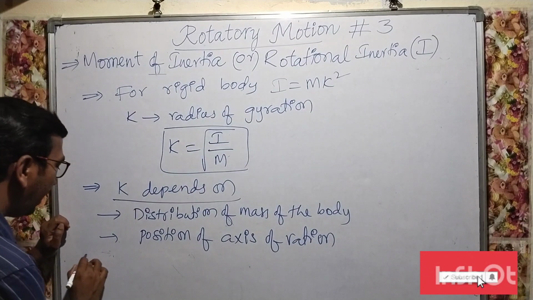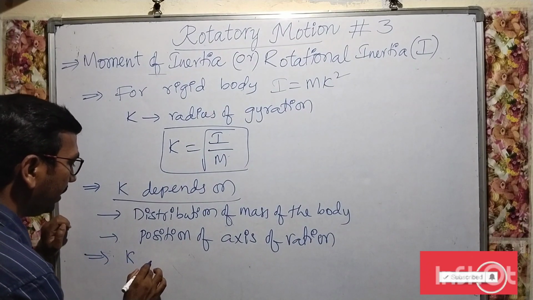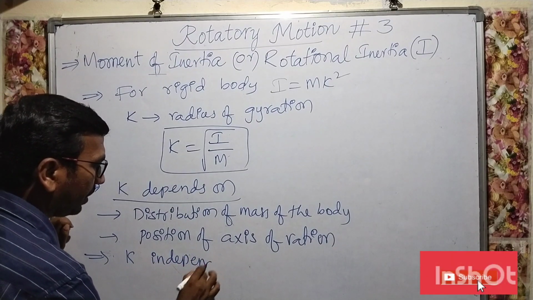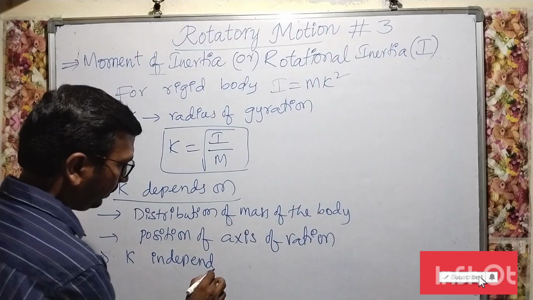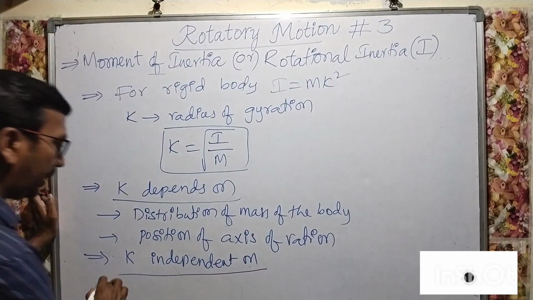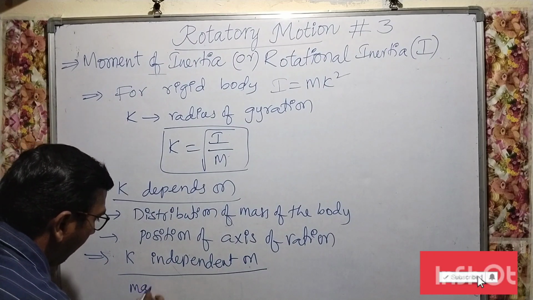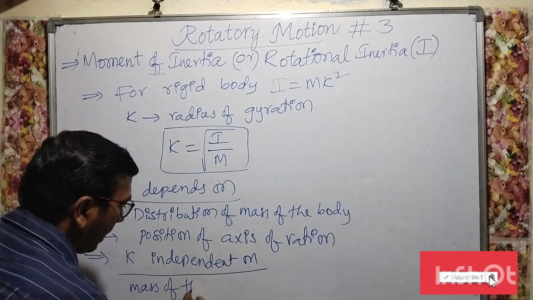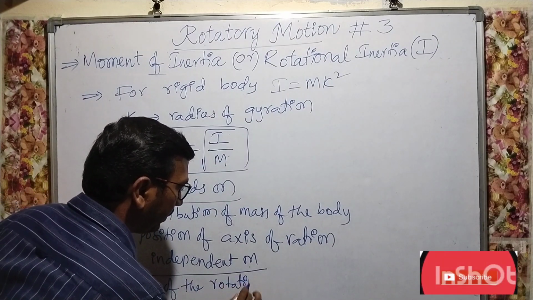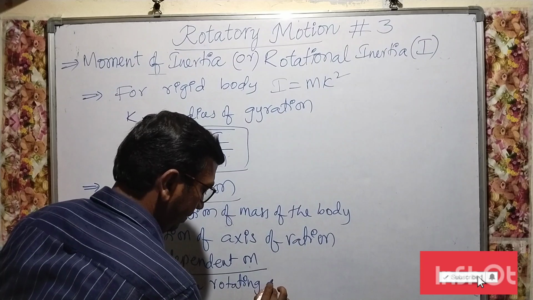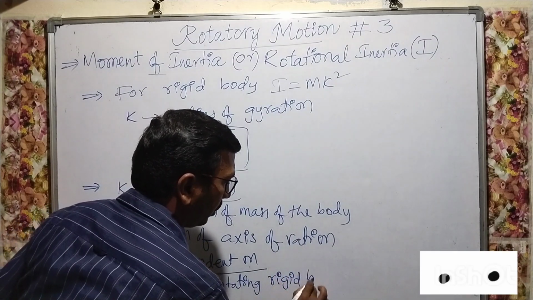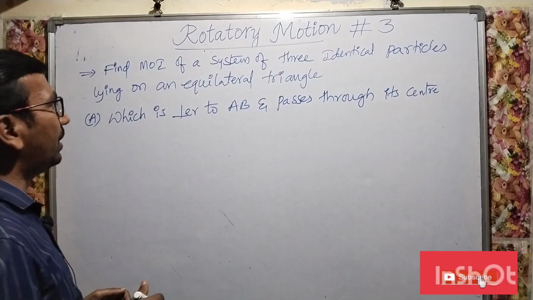So here K is independent of the mass of the rotating rigid body.